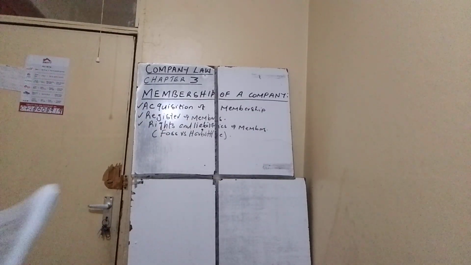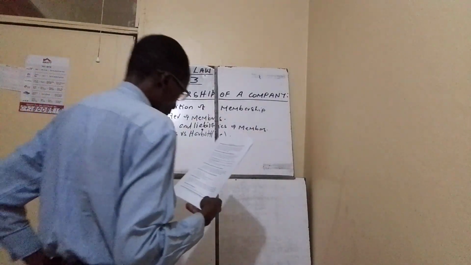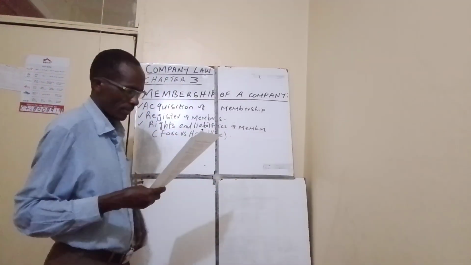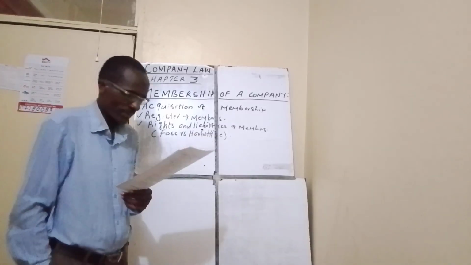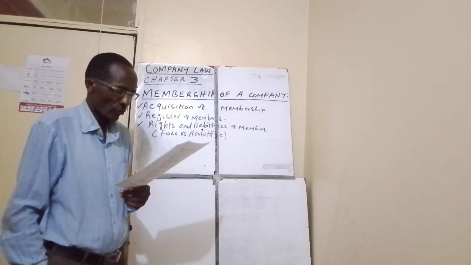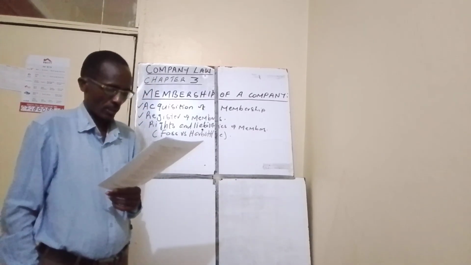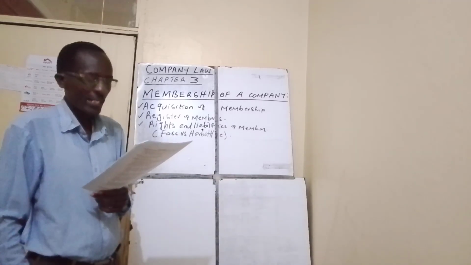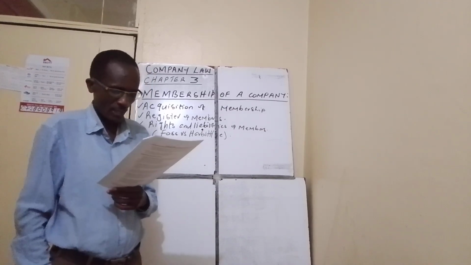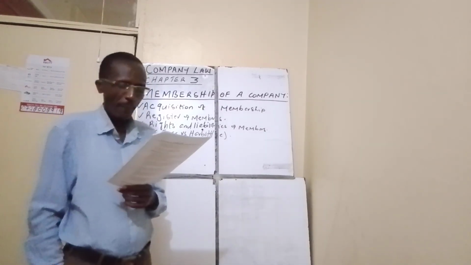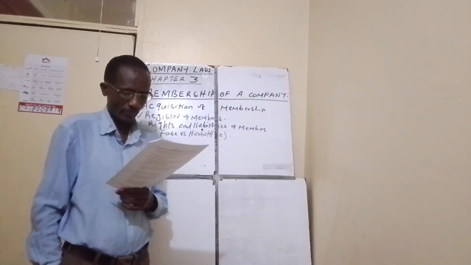The purposes for the rule in Foss versus Harbottle. One, it enhances democracy in the internal management of the affairs of the company. Number two, it reasserts the rule in Salomon versus Salomon that a company is a separate legal entity.